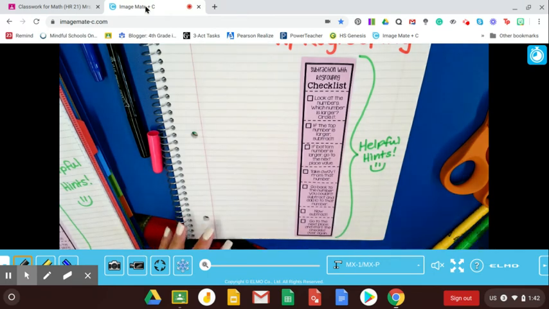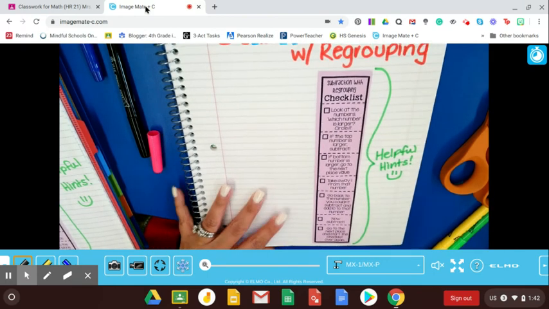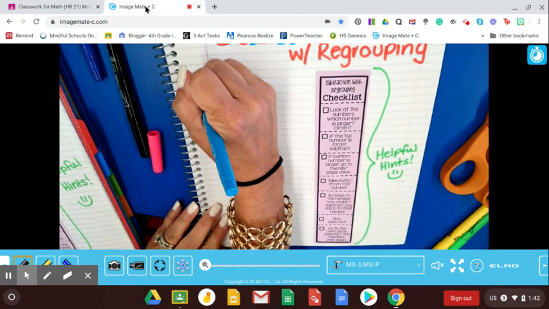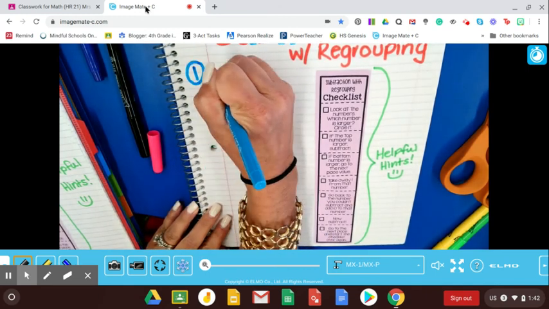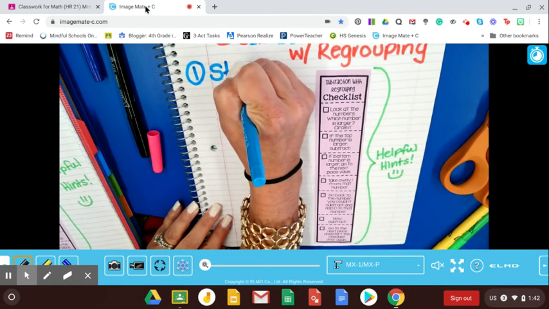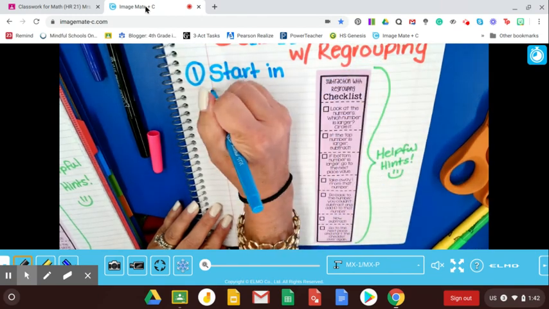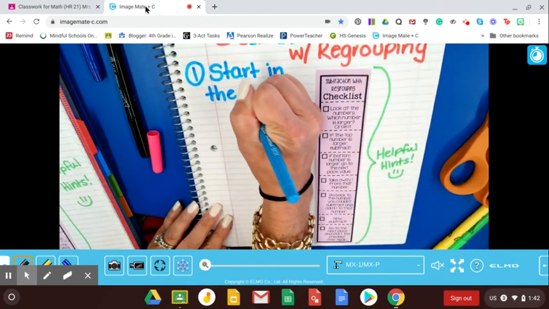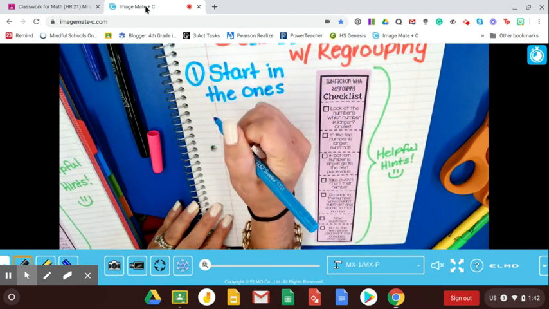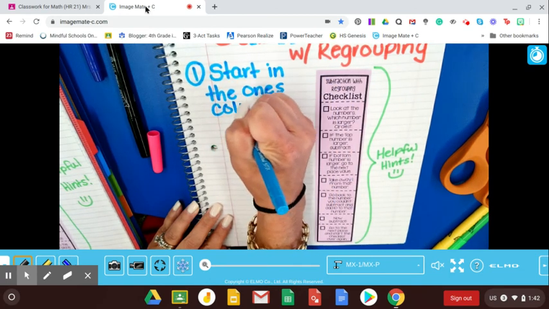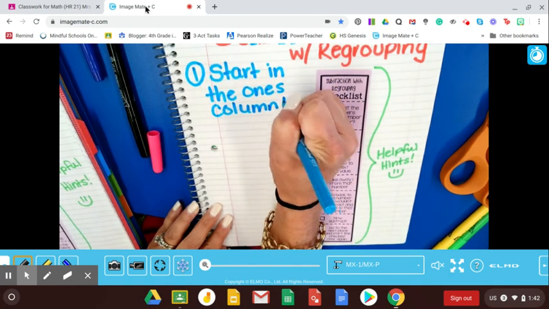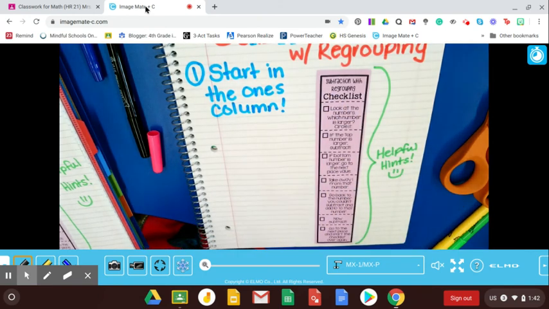All right, so the first rule whenever we're subtracting is to start in the ones column. It's the first rule. Start in the ones column. Don't fall into that trap of starting anywhere else.